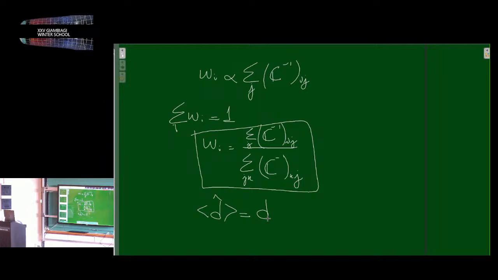So unbiased means that the average is equal to the quantity you want to consider. That it's not biased, that when I construct an estimator for phi, I will not get 2 phi. I will get phi. I can construct estimators that don't have any bias, that are unbiased.